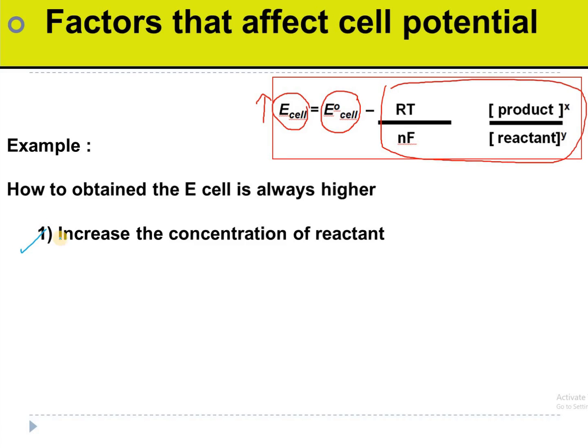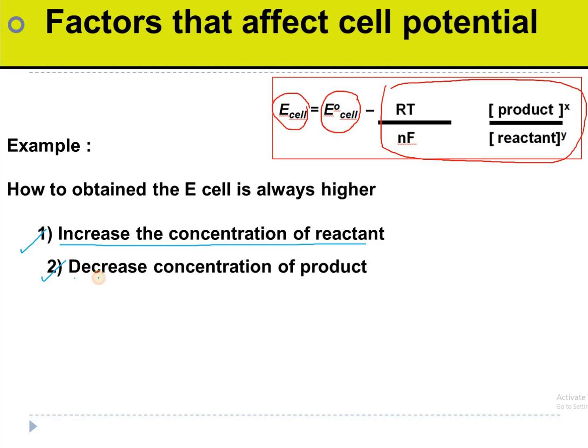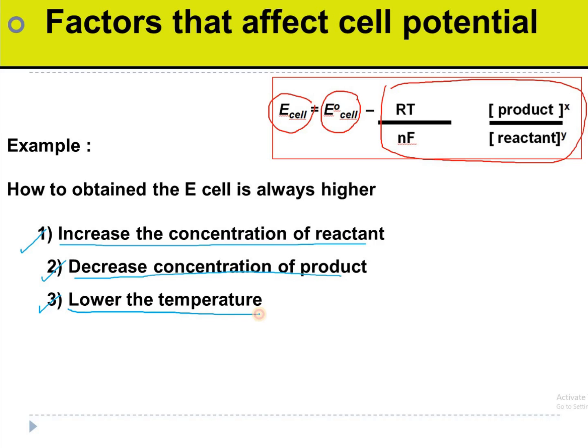First, students can increase the concentration of reactant. If the concentration of reactant increases, the value of E cell increases. Number 2, decrease the concentration of product. If the concentration of product decreases, the value of cell potential increases. Number 3, lower the temperature.